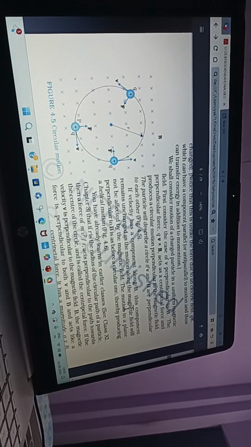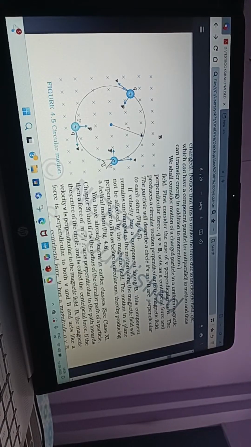Sir, can you repeat once again, sir? Okay, in the diagram, this cross is the magnetic field going into the screen or into the paper. Here is a positive charge, that is a proton. When it enters with velocity v, it experiences a magnetic force. The magnetic force is perpendicular to v and also perpendicular to the magnetic field.